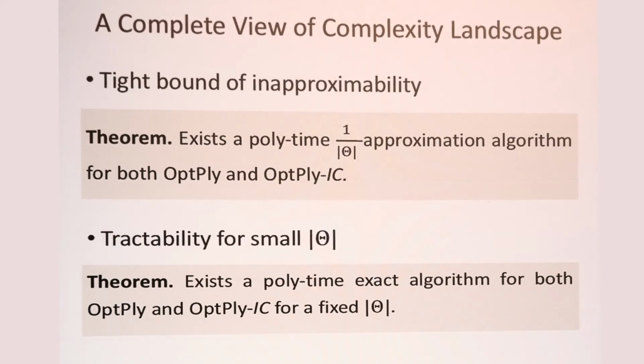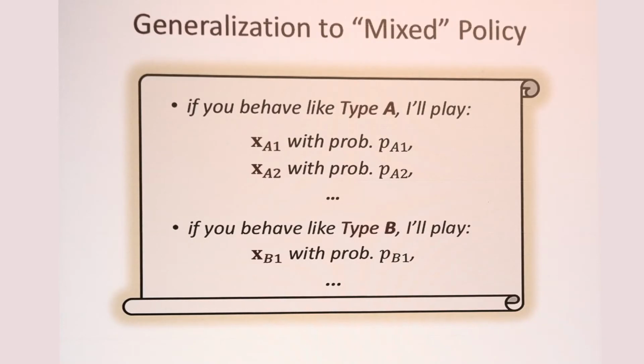We also consider a generalization of our leader policy by allowing the leader to further randomize over multiple mixed strategies in her commitment, and we call such a policy a mixed leader policy.